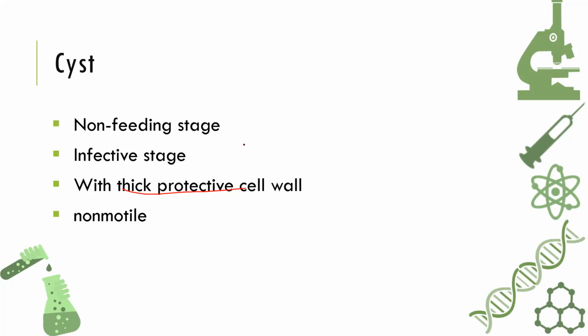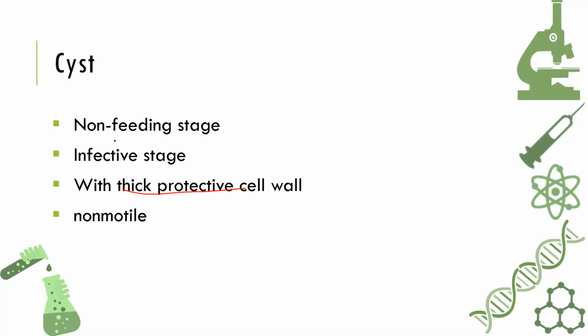Trophozoites are motile, while cysts are non-motile because they have no ability to extend their cytoplasm. They don't have pseudopods. Therefore, we can simply say that pseudopods are true to amoebas, most especially to the trophozoite form.